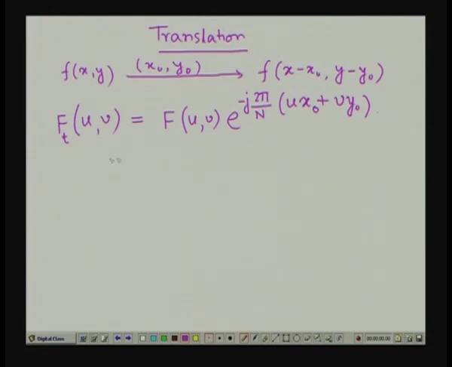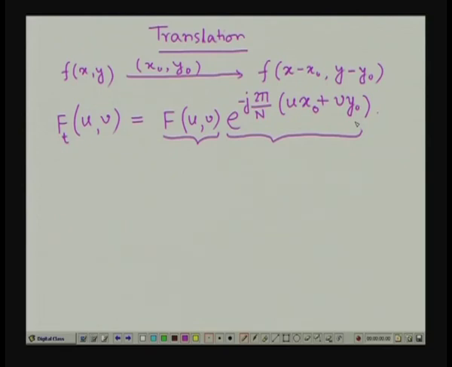So, in this case the Fourier transformation of the translated image is F(u,v), that is the Fourier transform of the original image f(x,y), multiplied by e to the power minus j 2 pi by N (u x naught plus v y naught).